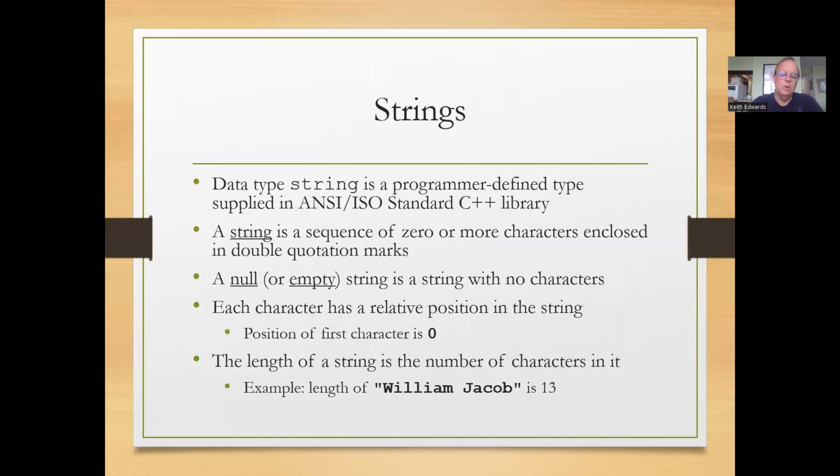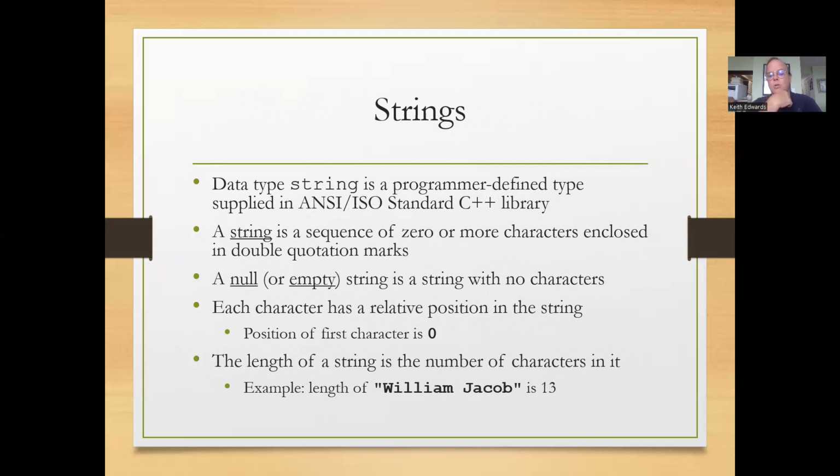Finally, strings are not really a basic data type, but we're going to start out by treating them as a basic data type. It's a programmer defined type supplied in the standard C++ library. And a string is 0 or more characters enclosed in double quotation marks. For example, the name William Jacob that you see in the quotes down there could be assigned to a string.